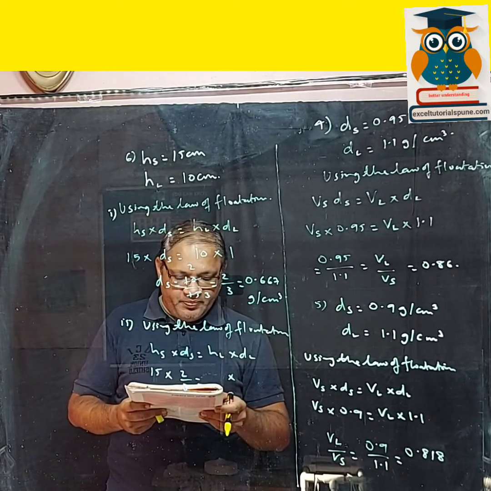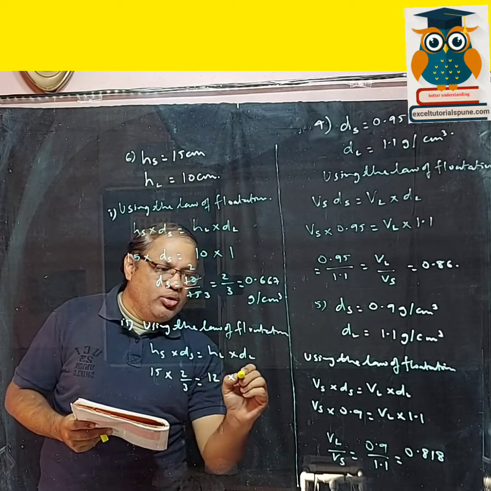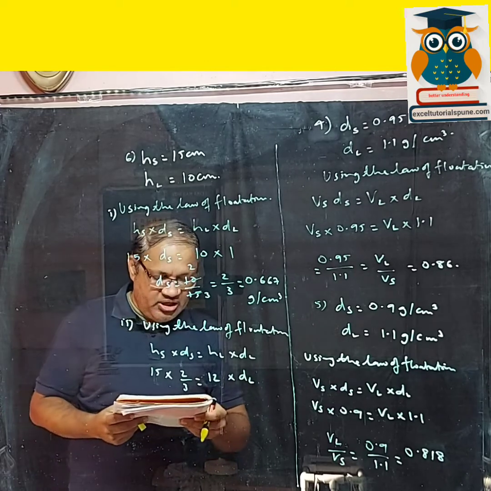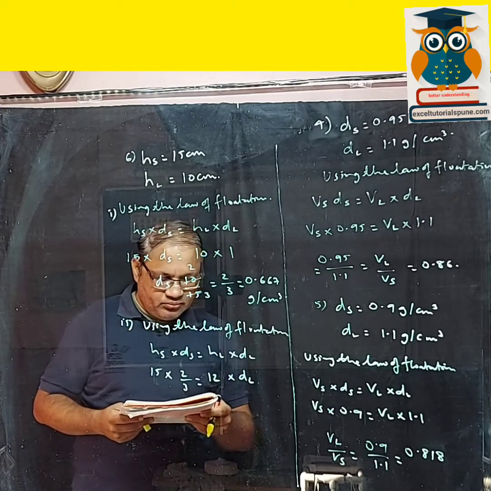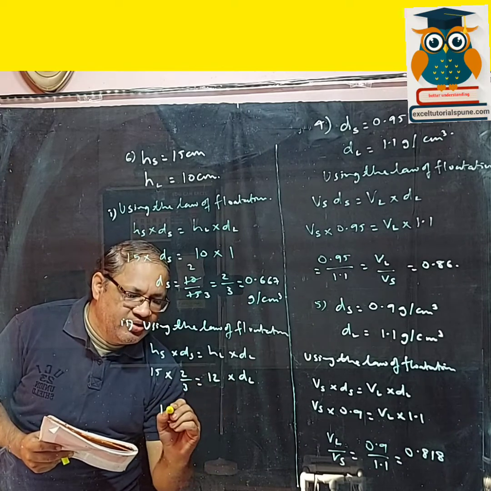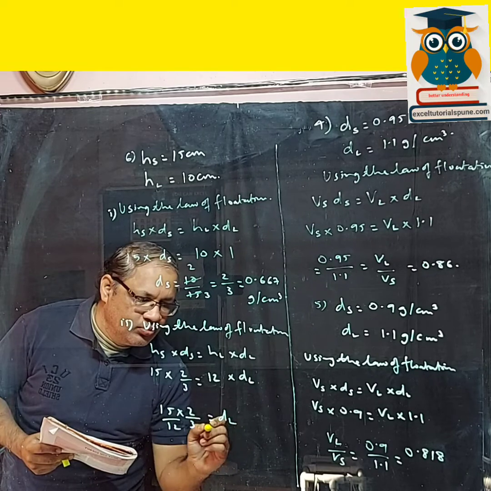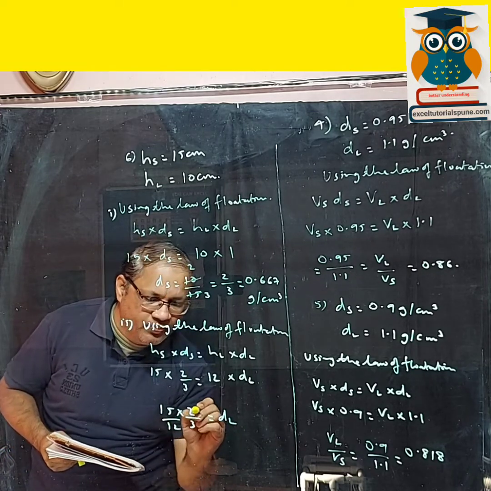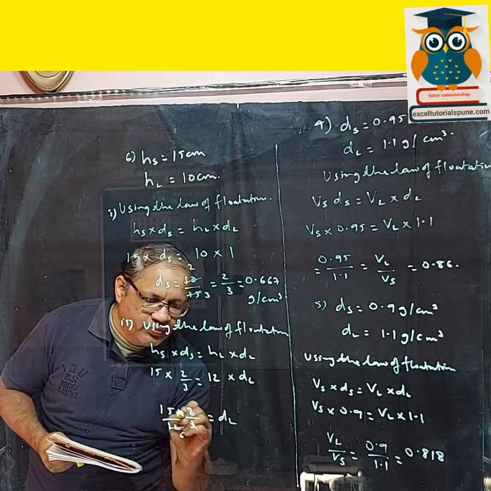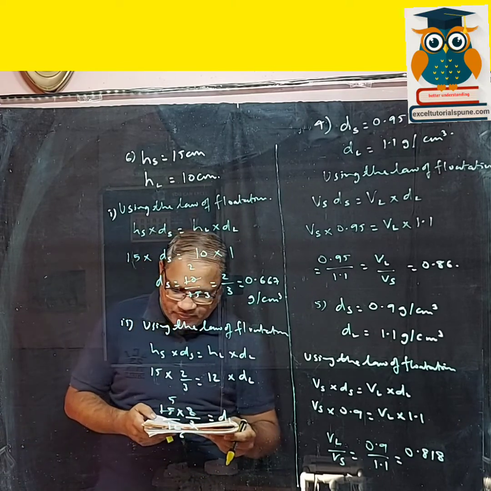That is spirit, that is 12 centimeter. So 12 into density of liquid. So send this 12 that side. So then that comes to 5 by 6.